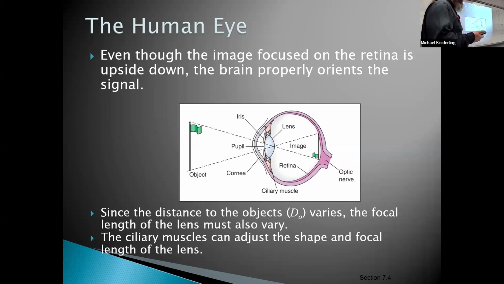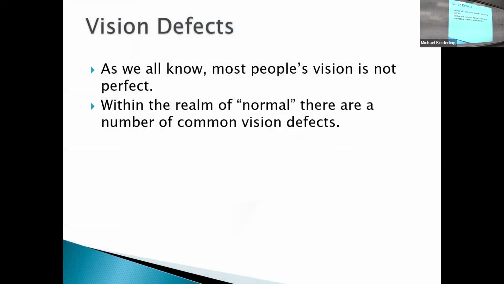Now, it might be that your ciliary muscles don't do the best job, or there's something wrong with it. Most people's vision is not perfect. So there's a number of common vision defects within the realm of normal. The 2 most common are nearsightedness and farsightedness.